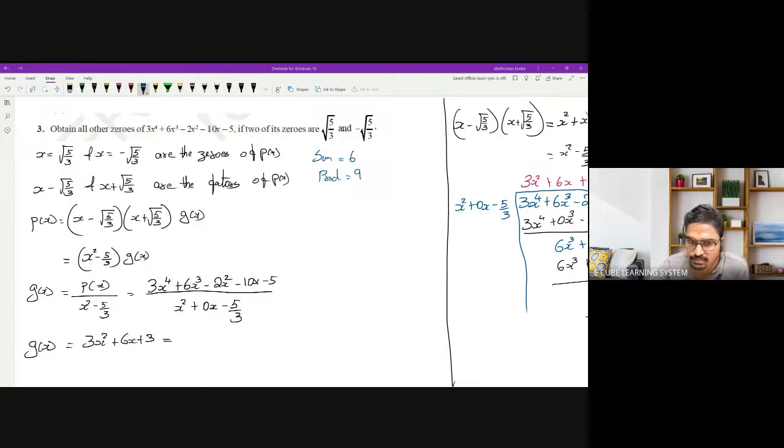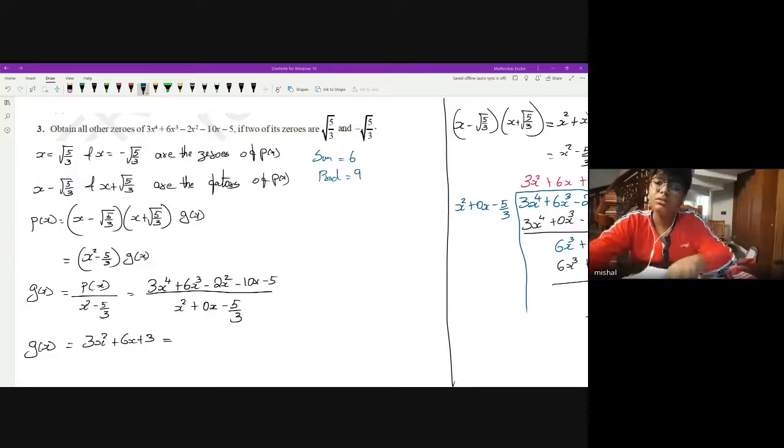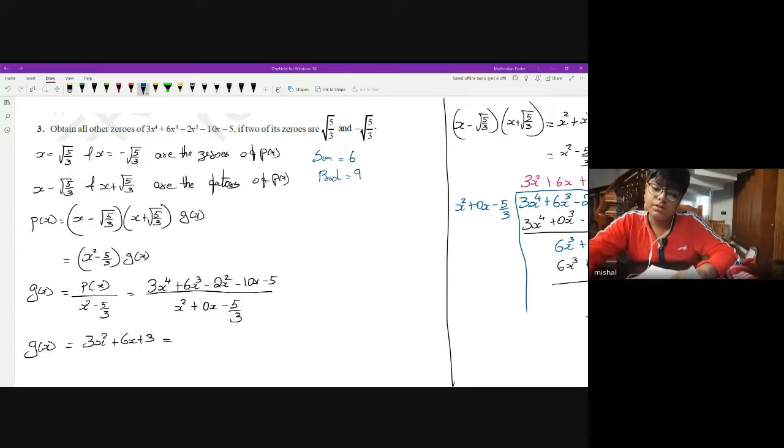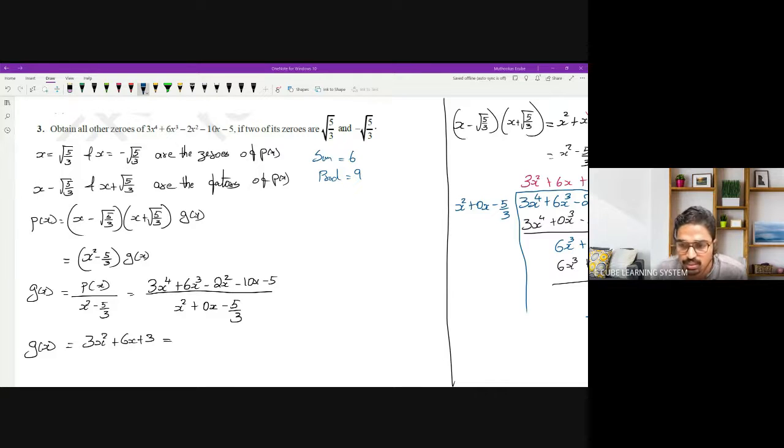Factors of g of x. Polynomial zeros are g of x in the p of x by g of x in the question, and ultimately concluding the question. Obtain all the zeros. Zeros will be p of x.